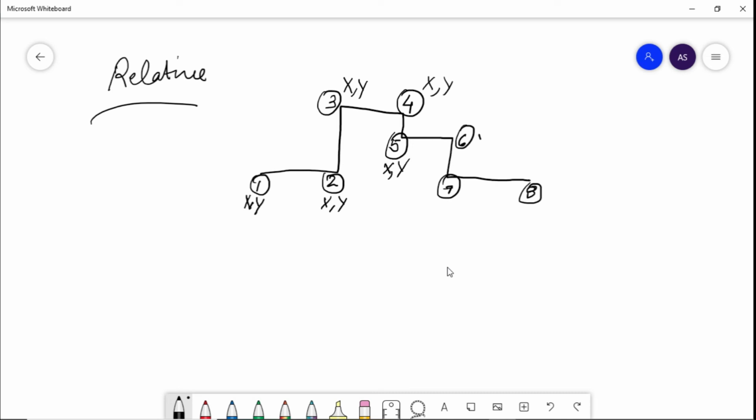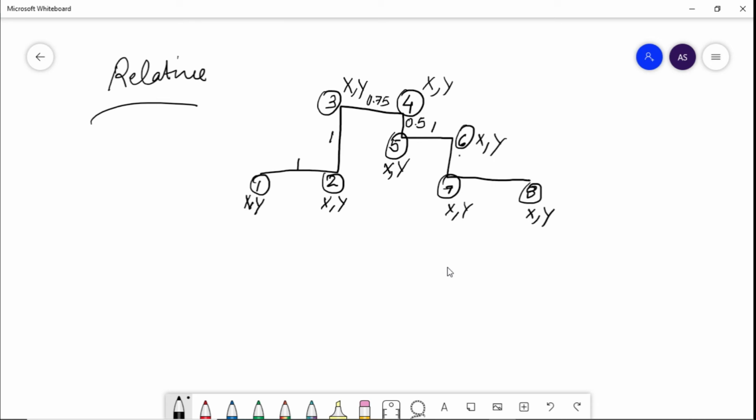And how will you find the value of x and y? One thing which is given to you in this exercise is the distances. The length of the sides is given to you: 1, 0.75, 0.5, 1.